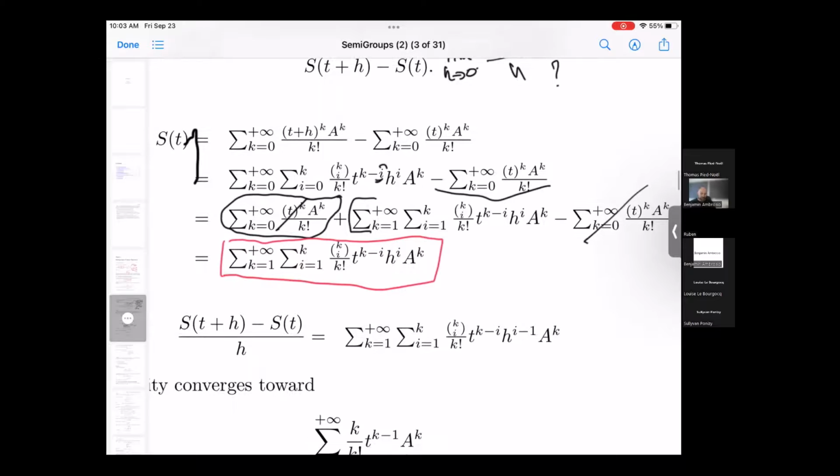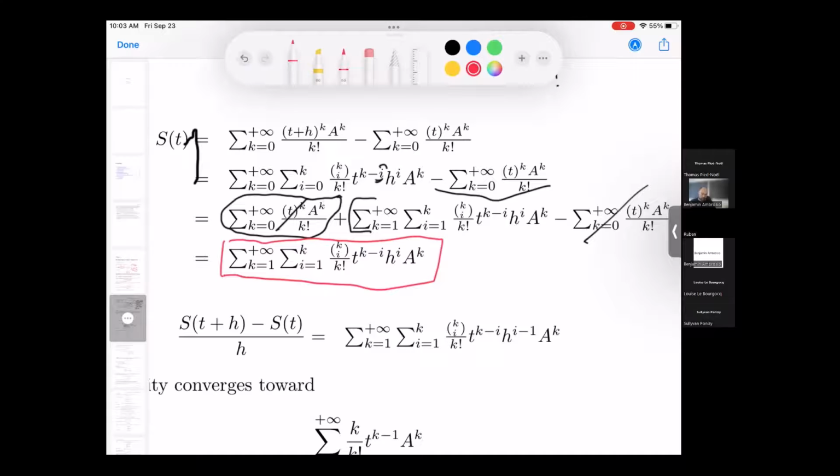When I divide by h, you can remark here, I have now i minus 1 instead of i, because I divided by h. And since h is going to converge to 0, all the terms are going to cancel, all the terms but the one for i equals 1. So only this term remains.